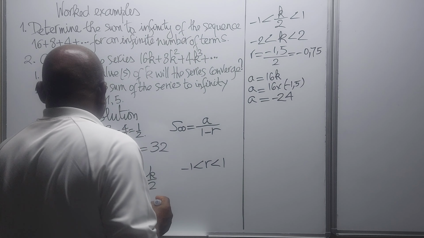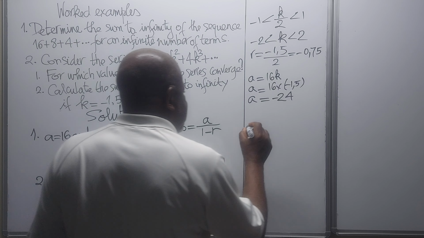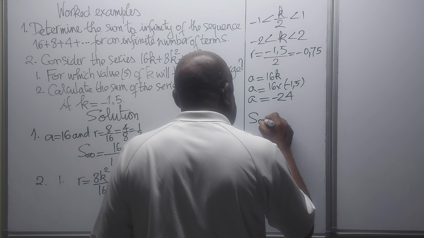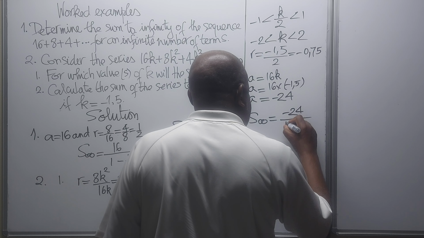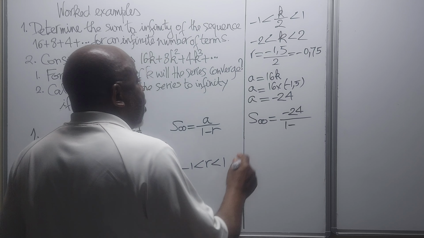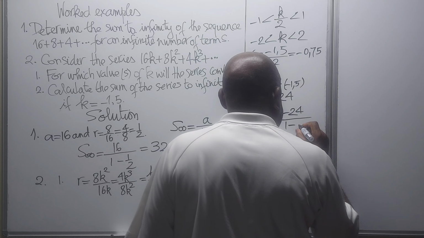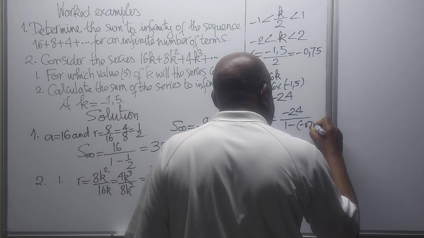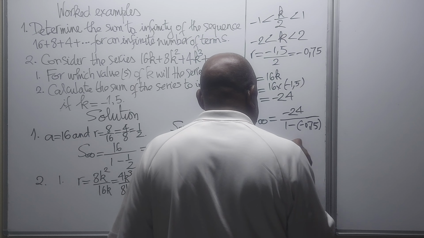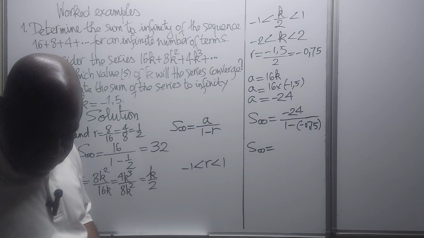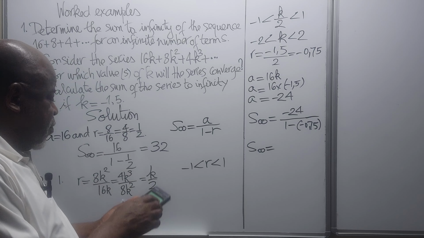So we can now calculate the sum to infinity. The sum to infinity will be equal to A, negative 24, over 1 minus our common ratio, which is negative 0.75. And here we're just going to use our calculator, and then we'll get the sum to infinity.